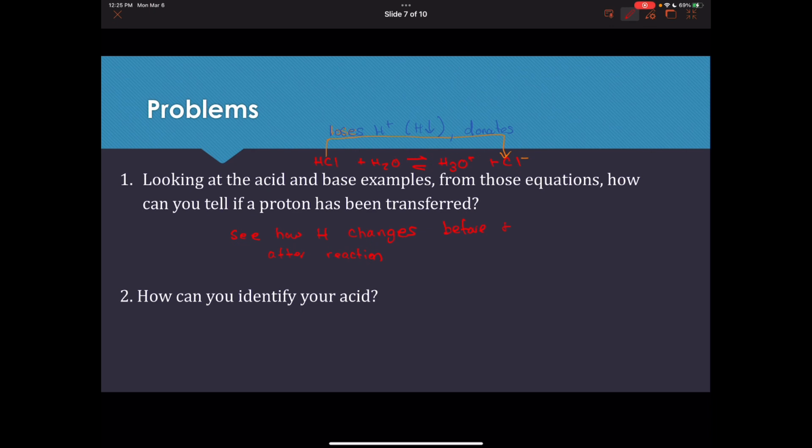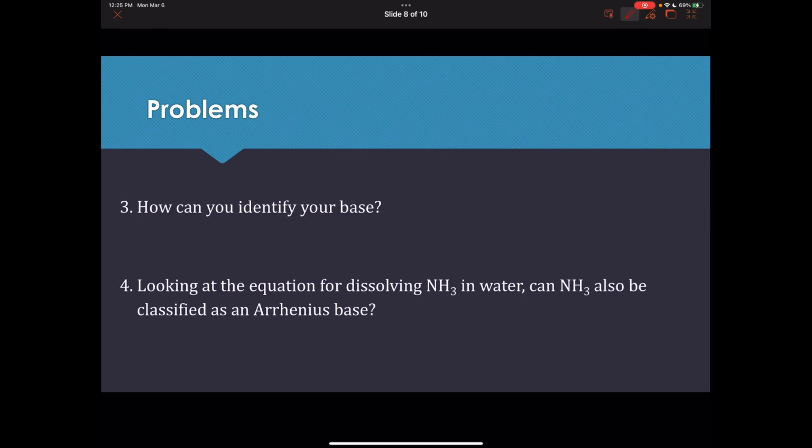So our acid will be the substance that decreases by one hydrogen during that process. Again, we're comparing the reactant side to the product side. We go from HCl to Cl-. We've lost a hydrogen, so that HCl had to have donated it. That makes the HCl the acid.